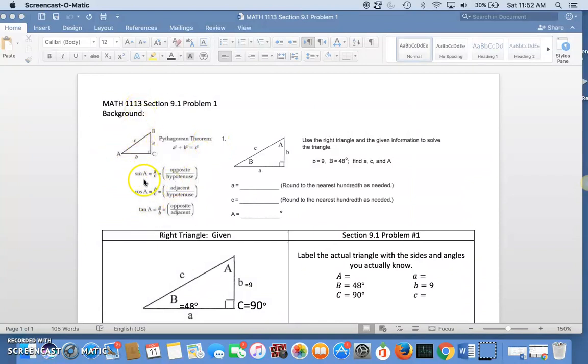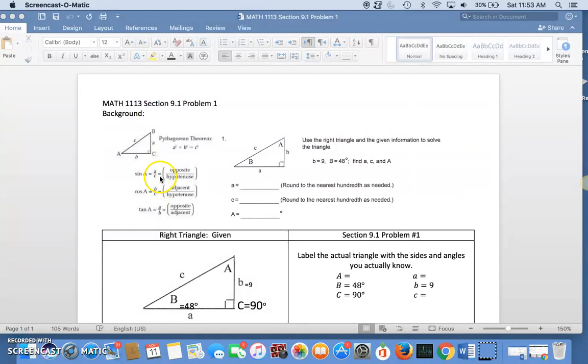And you'll need to use your basic trig, where sine is opposite over hypotenuse, cosine is adjacent over hypotenuse, and tangent is opposite over adjacent, as related to a triangle that is labeled A, B, and C. For the most part, that's what these triangles are going to be labeled. These are the relationships.